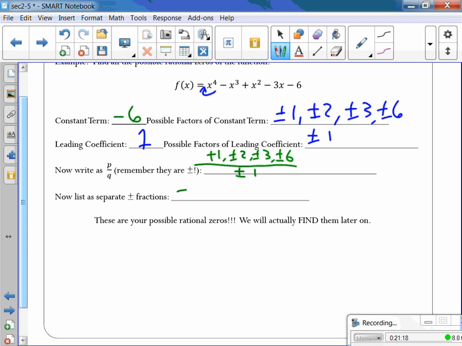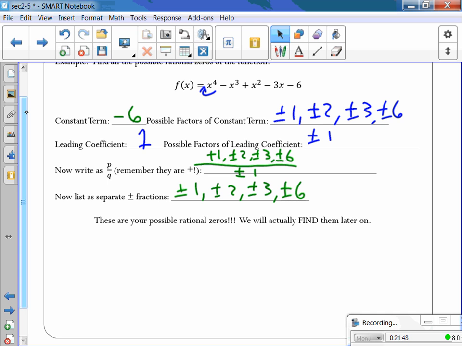We come up with 8 different possibilities: ±1, ±2, ±3, and ±6. A zero could be irrational, it could be complex, but if we do have a rational zero, or more than one, it has to come from one of these. Again, that takes the infinite possibilities down to just 8.